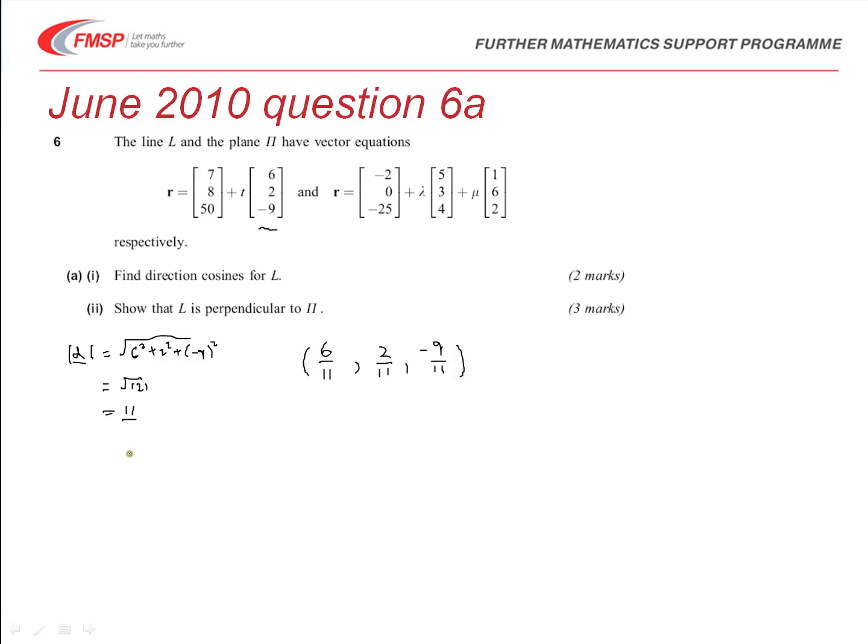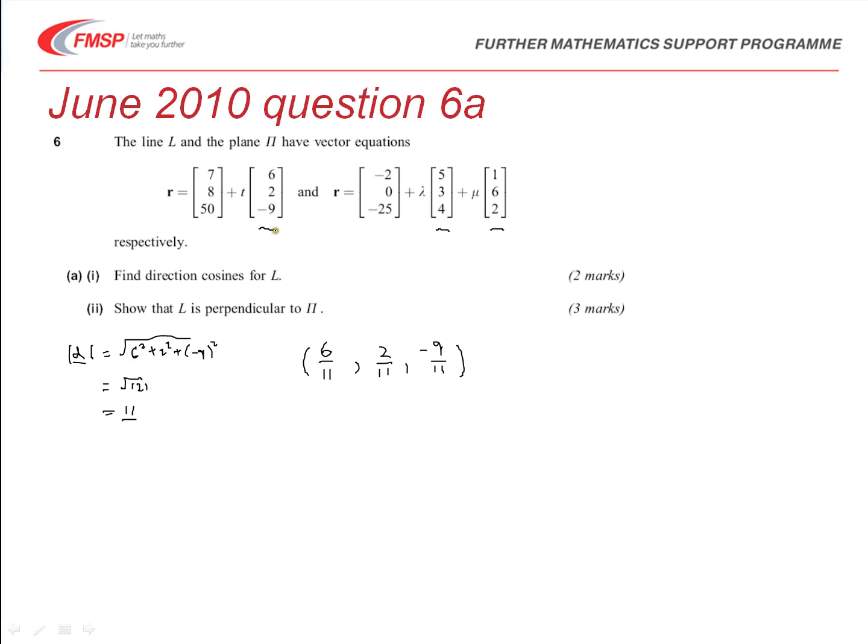And then, in part 2, we've got to show that L is perpendicular to the plane. There's two ways you might consider doing this. You can either take the cross product of the two vectors in the plane, and then that will give you the normal to the plane, and if that normal is in the same direction as the line, then you obviously know that the line is perpendicular to the plane.